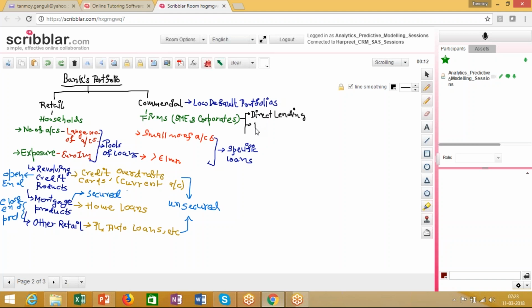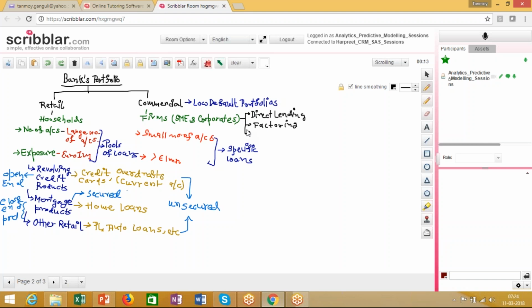The second is factoring. Then there are other different forms of lending processes.